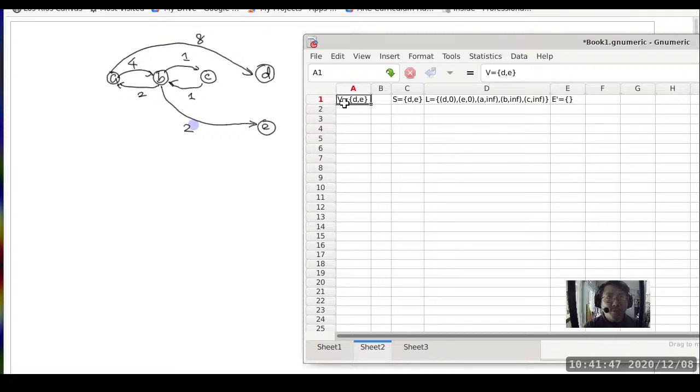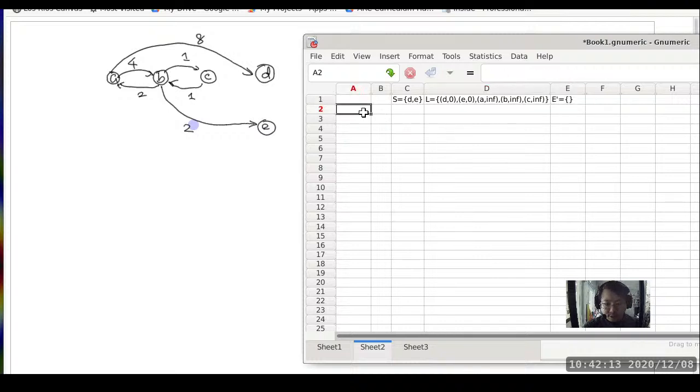And I also misspoke: V is not the one initialized to D. It should be Q, which does not come into consideration until we are almost starting the while loop. All right, so this is all the initialization we need to do. A star is going to have a little bit more to initialize, but in Dijkstra's algorithm, this is all we need to initialize, which is L and E prime.